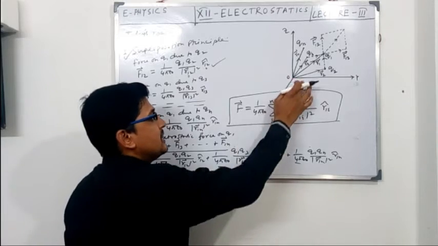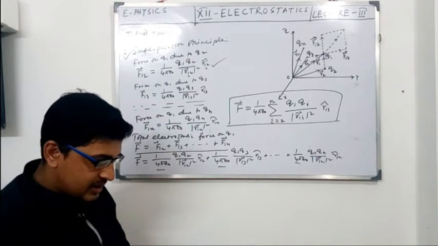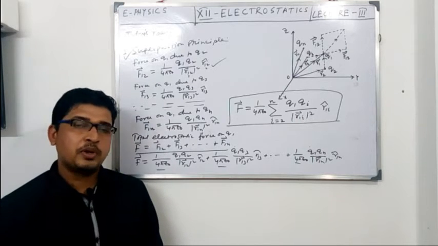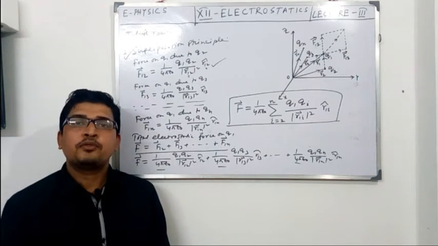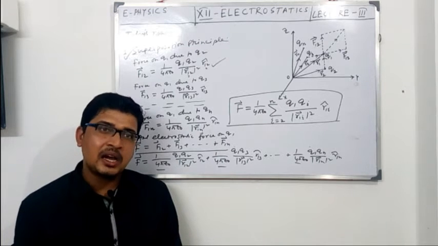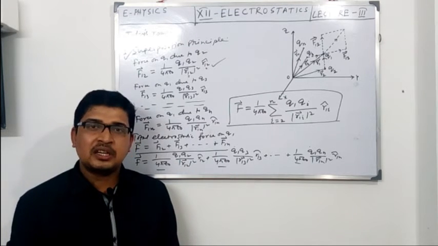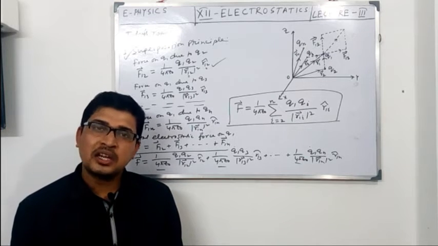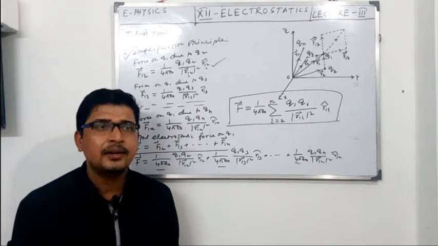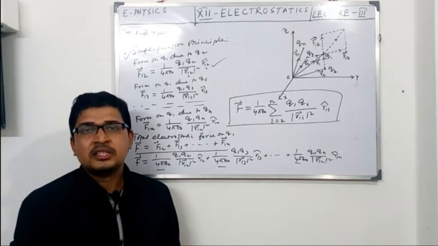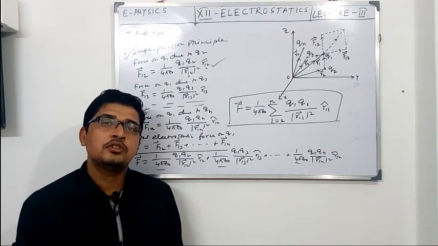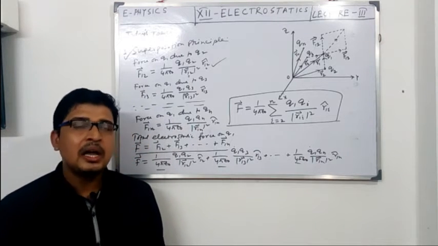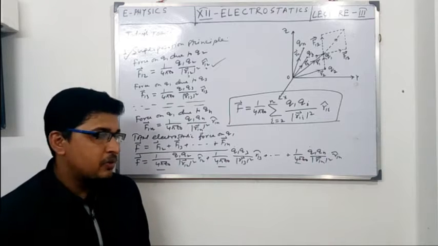Okay, so this is an important point we have to remember. And the final statement of the superposition principle is that the force on any charge due to a number of other charges is the vector sum of all the forces on that charge due to the other charges, and the individual forces are unaffected due to the presence of other charges in that region. So this is the statement of the superposition principle.